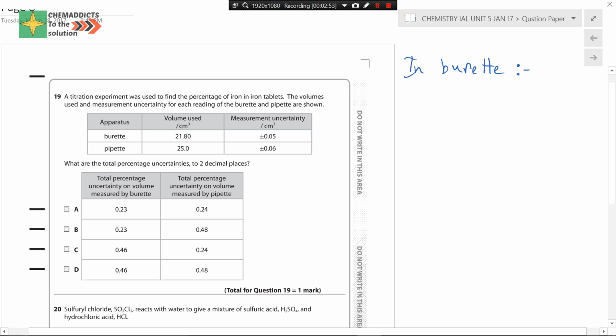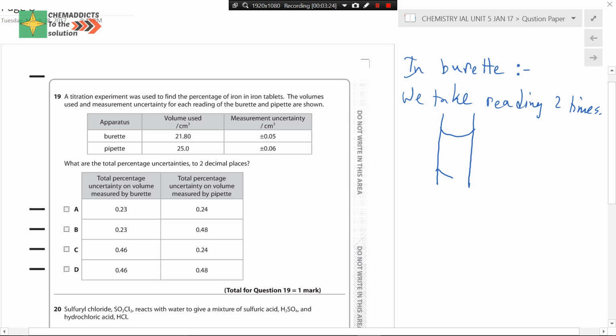Sorry for my handwriting fellas, my handwriting is really bad, I know. So in the burette we take reading two times. One is the initial reading and another one is the final reading, just like this. It's the burette, bad burette, just kidding.